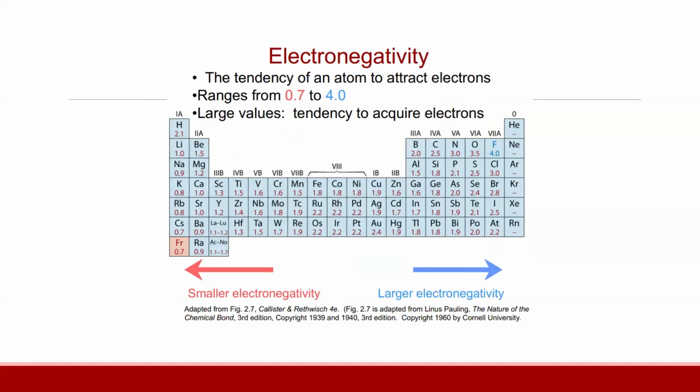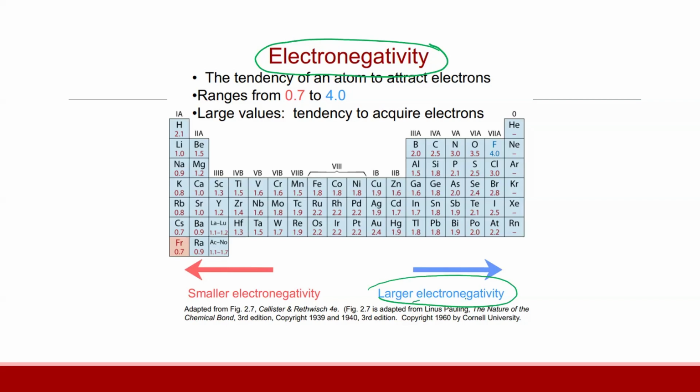Yes, ma'am. Okay. Then there is another term called electronegativity. Electronegativity is the tendency to attract an electron, how easily an electron can be attracted. These ones on the right are more electronegative because they can easily become stable just by taking a few electrons.